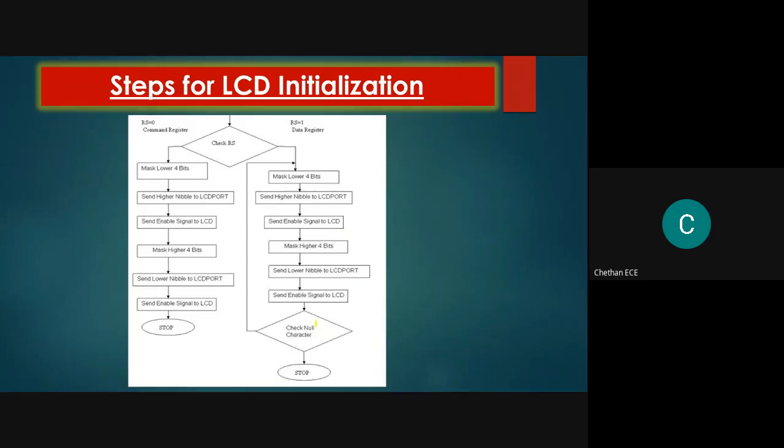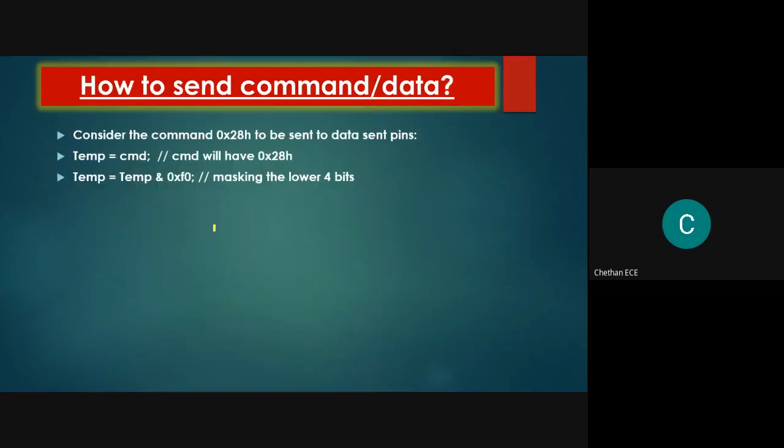Let's see with an example how to perform this operation. Assume that I want to send the data 28H. This data I will store in a variable command, and the same command data I will store in a temporary variable temp. Now temp will contain 28H.